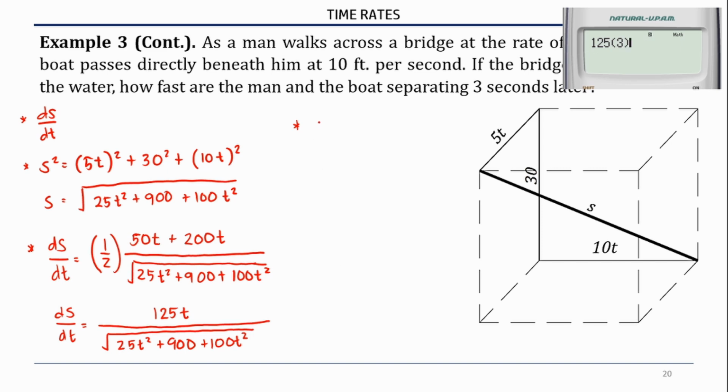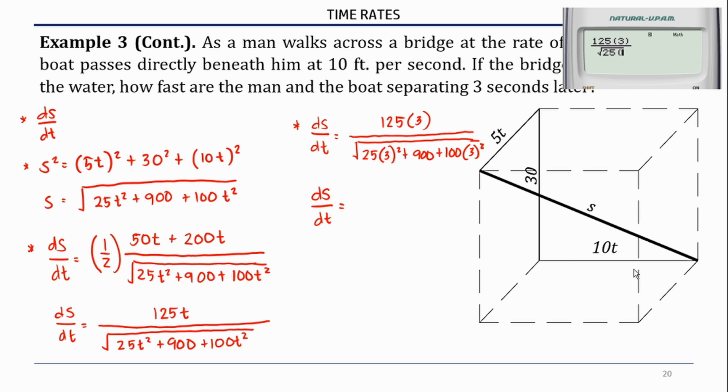So, sa susunod natin, yung time na 3 seconds, we have the change in s with respect to t is equal to 125 times 3 over the square root. Okay. Entry natin sa calculator natin, makukuha natin yung rate na 25 over 3.